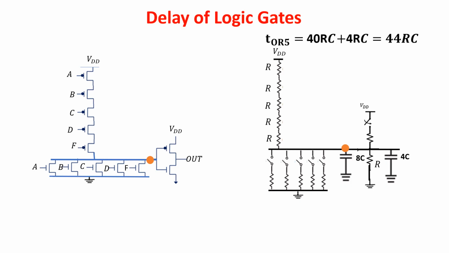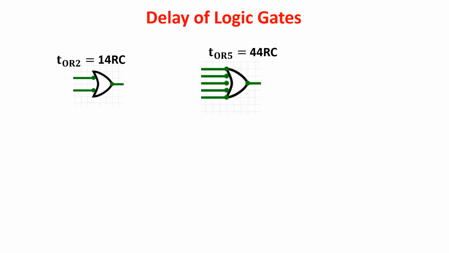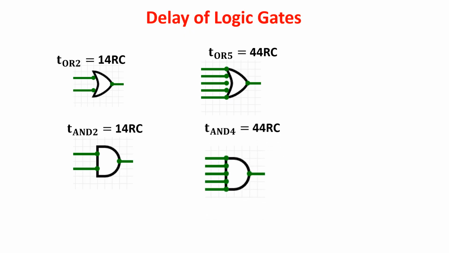You can see the more inputs a logic gate has, the slower it is. So a 2 inputs OR gate has 14RC time delay and a 5 inputs OR gate has 44RC time delay. We can apply the same method to the AND gate and get that the 2 inputs AND gate has 14RC delay and the 5 inputs AND gate has 44RC delay.